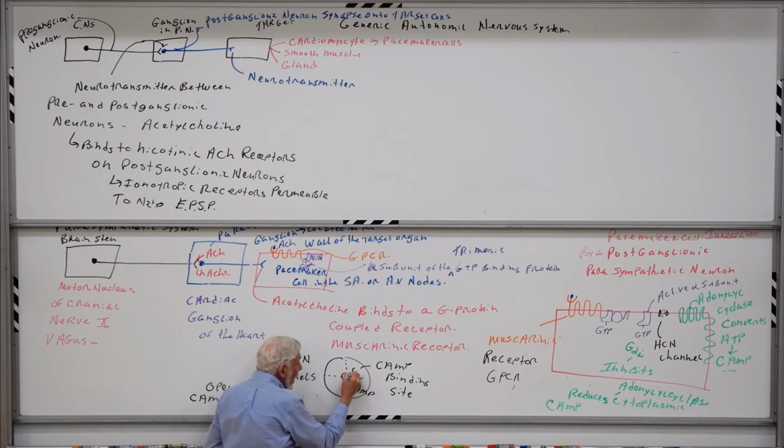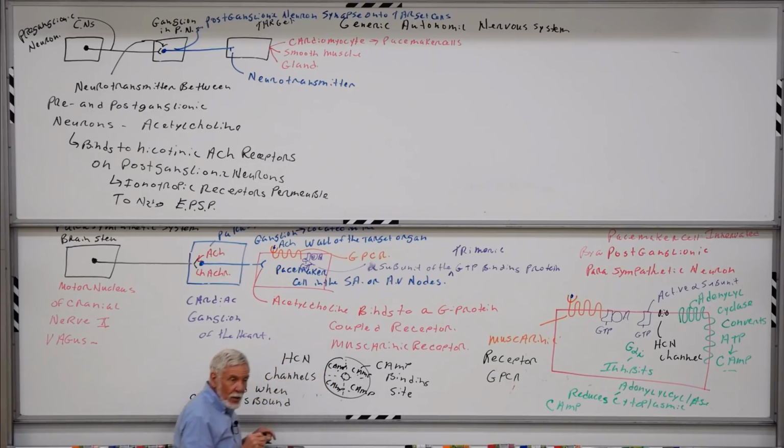But if we bind the second one, we increase the probability of opening even more, and by the time we bind the third, we have a pretty good probability, and by the time we get to the fourth, we're almost certainly going to have opened that channel.